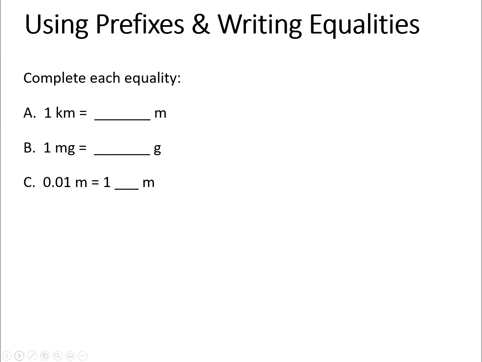So we use the English or the imperial system here. We can do conversions between English and metric. In order to do that, we have to use what's called an equality. And that just defines a relationship between 2 units.